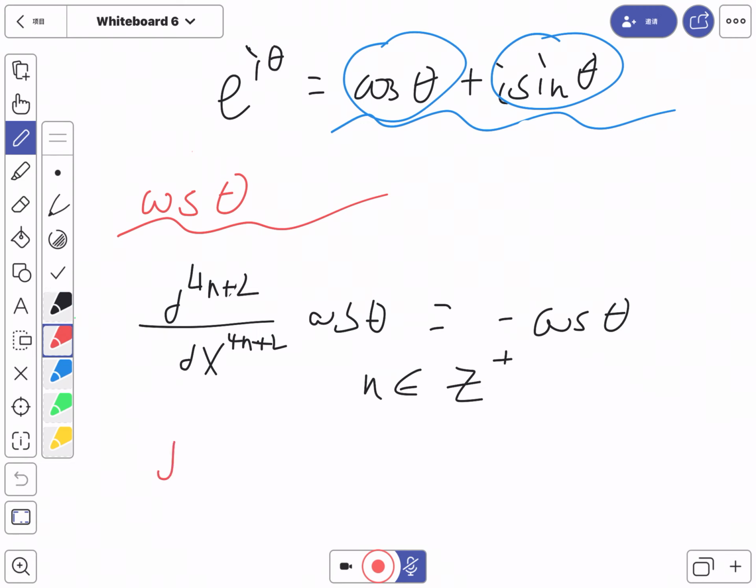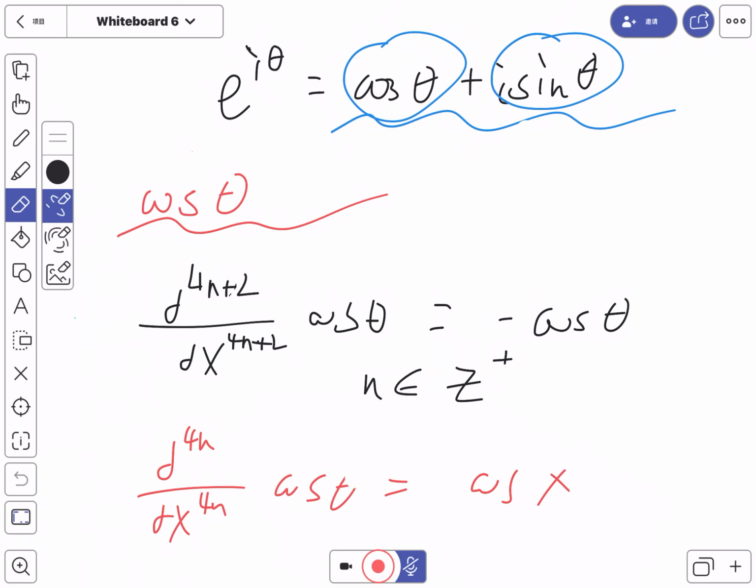But if we take d to the 4n over dx to the 4n, which basically means you are taking 4n derivatives, then cosine is going to be equal to cosine of x. Sorry, I should write it as x.